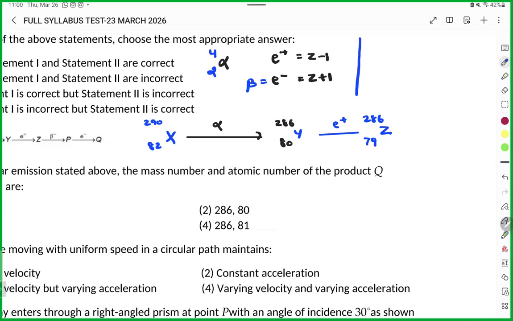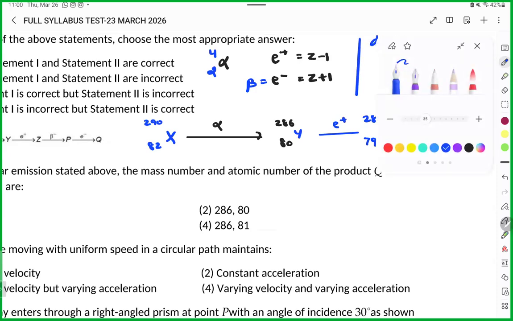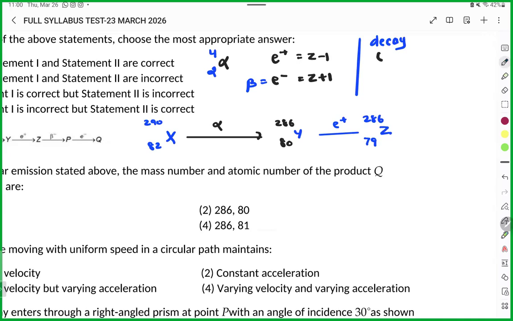Decay पढ़ा होगा तुमने कि जब भी रेडियोएक्टिव डिके होता है, whenever there is radioactive decay, there are 3 types of emission: अल्फा, बीटा एंड गामा. अल्फा में जो मास है 4 से रिड्यूस हो जाता है एंड जो एटॉमिक नंबर है वो 2 से रिड्यूस हो जाता है. गामा में कोई चेंज नहीं होता. बीटा भी 2 टाइप के होते हैं.